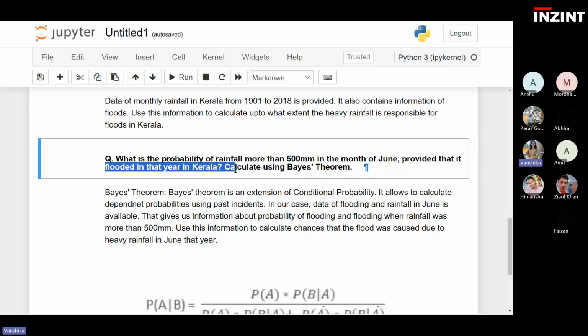So what are the chances that the rainfall in the month of June was more than 500 millimeter when the given knowledge is that it flooded in that year in Kerala? Now, do you understand the statement and the scenario? Everyone, please give me a thumbs up if you understand the scenario.